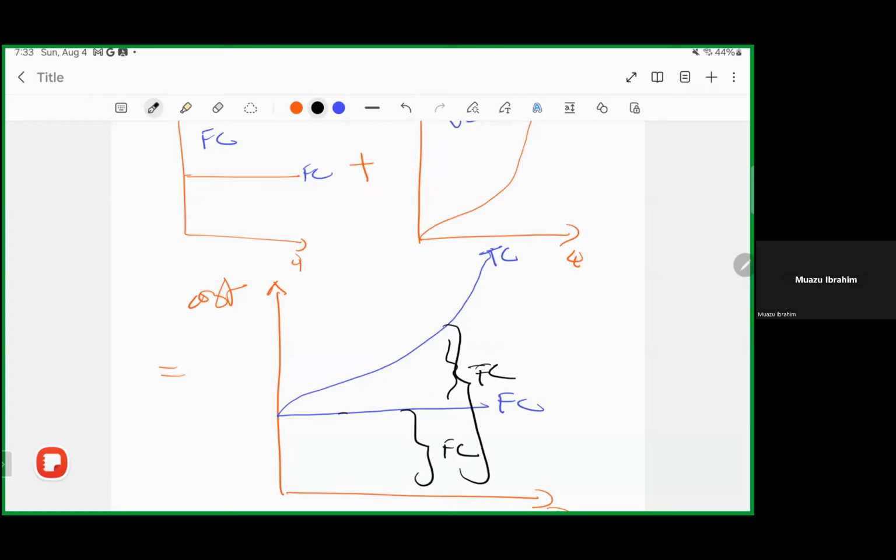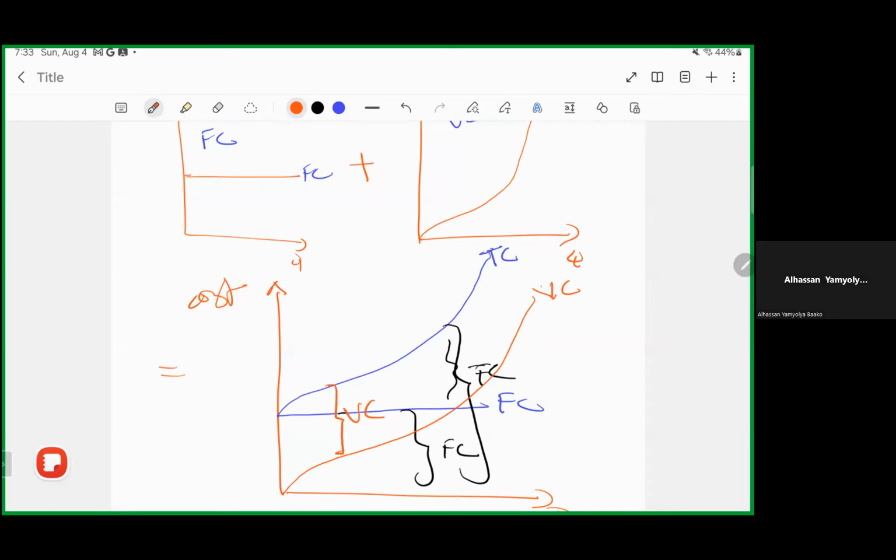And you can also find it this way. So this will be the variable cost. And the difference between the total cost curve, the blue line, and the red line is also the variable cost.